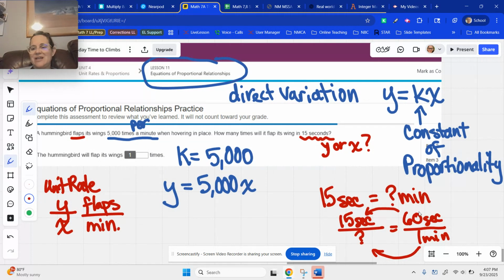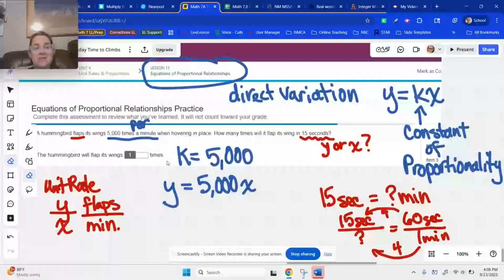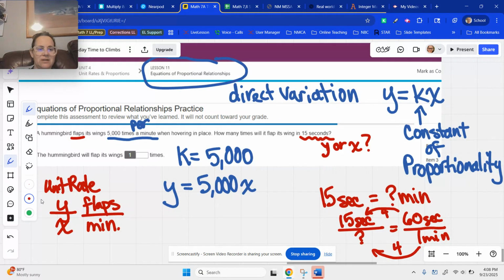I think I'm dividing by 4, because every two 15s make 30, so I would have 30, 60, and that would be 4 15s. 1 times 4. Ooh, but times 4 doesn't make sense. 1 times 4 would be 4, and it wouldn't make sense to be 4 minutes. So I think I was supposed to divide here. 60 divided by 4 would be 15. That sounds better to me.